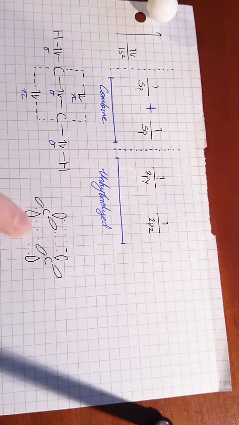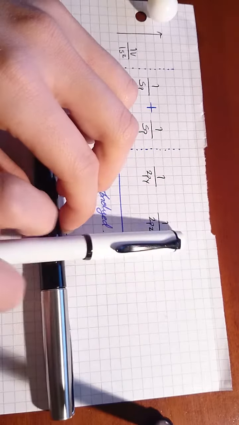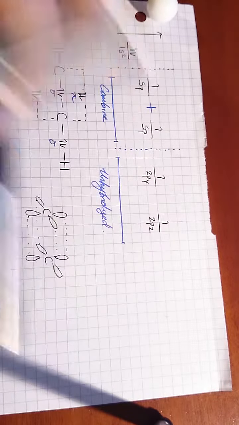So these new p orbitals formed are perpendicular to each other, like this, at 90-degree angles to each other.